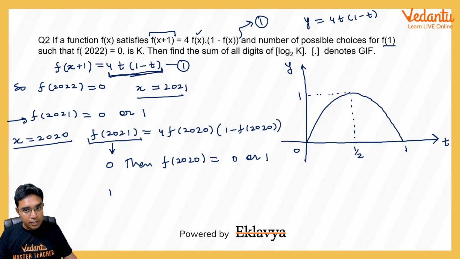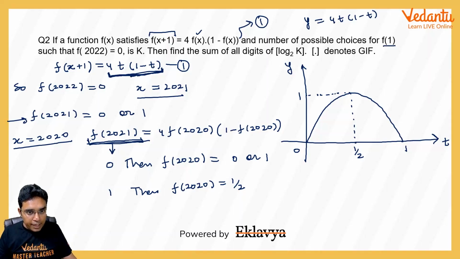But if this f of 2021 is 1, listen carefully, this expression can take maximum value as 1. This will be possible only if f of 2020 is equal to half. You can check, if this is 1, it will actually become a perfect square. You can solve that way also, but I am trying to tell you through the graph that this is a downward parabola whose maximum value is 1 at t equal to half.